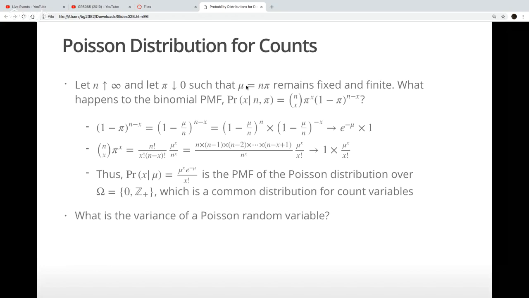And the fact that the mean and the variance are the same number is an interesting fact. It's not actually a good thing for the purpose of applying this to a lot of social scientific situations, because a lot of times we find with count variables, empirically, the variance is greater than the mean. And thus the Poisson distribution is not so appropriate for that. Because it only has one parameter, it has limited flexibility.